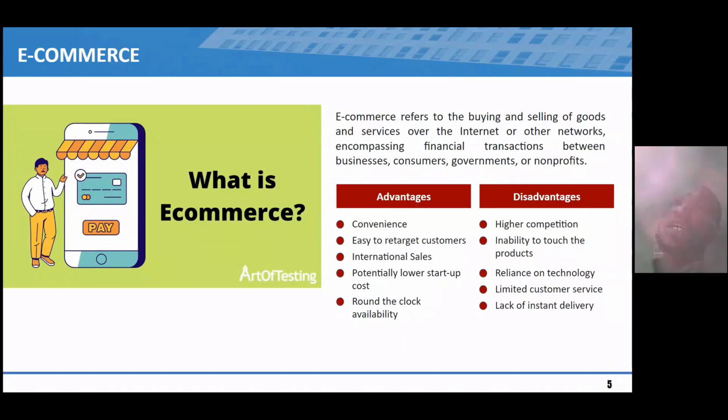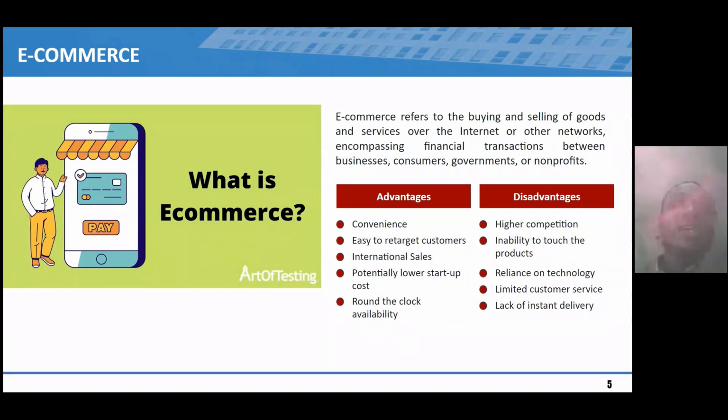Basically, lack of instant delivery means that when you order a particular product online, you have to wait till you receive it, rather than when you go to a physical shop or sales outlet, where you pick what you want to buy and take it home instantly. That does not exist in the e-commerce space.